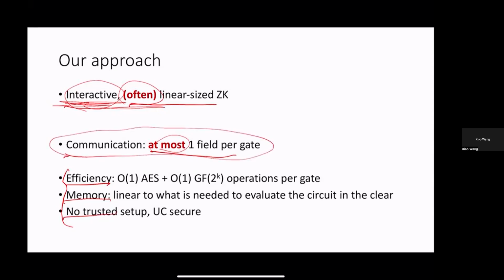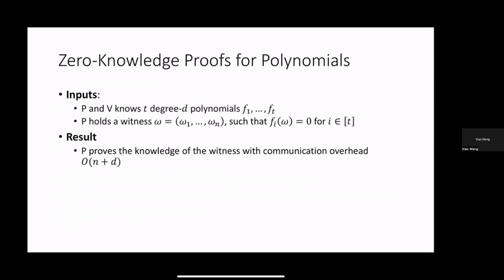We want to bring down the communication as much as possible, and in order to do that, we don't want to represent the circuit as gates anymore. We want to represent the circuit as a slightly larger gadget, and this gadget could be, for example, a computation of a polynomial. That would be one example.